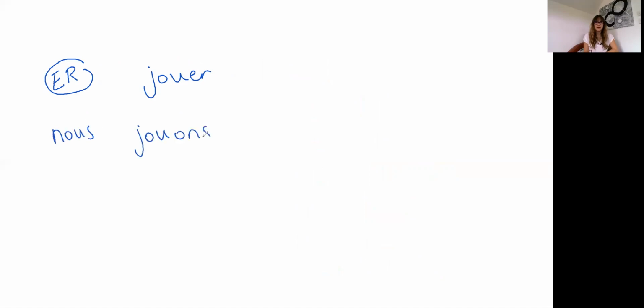You're going to remove the ons and add the endings of the imperfect. So if it's I used to play, that will be je jouais, same stem, with your endings. Tu jouais, same stem, and add ais, okay?